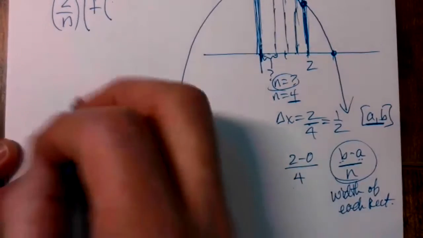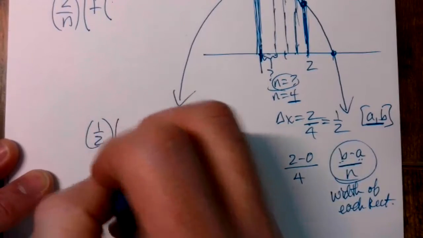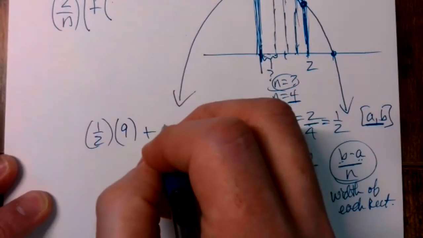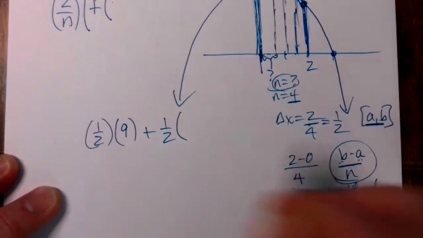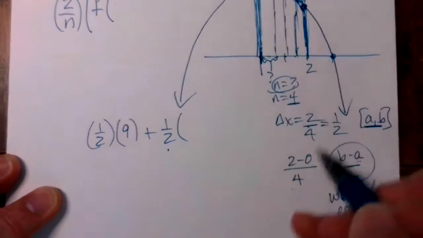I would literally do 1/2, the width of one rectangle, times the y value, which is 9, plus 1/2, the width of the second rectangle, times the y value at 0.5.